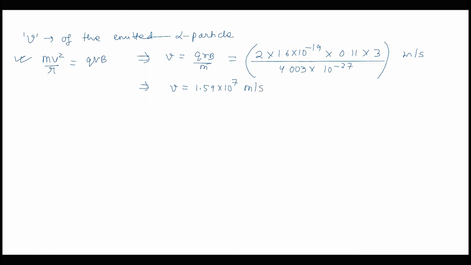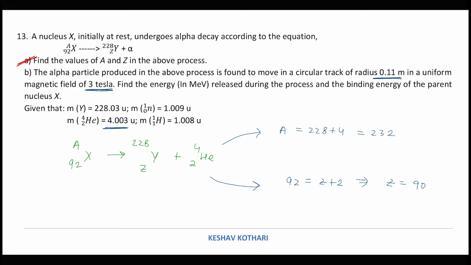Now the next thing we are going to discuss is, it is saying that the X was initially at rest and it undergoes alpha particle emission. So over here I can say that momentum conservation can be applied.